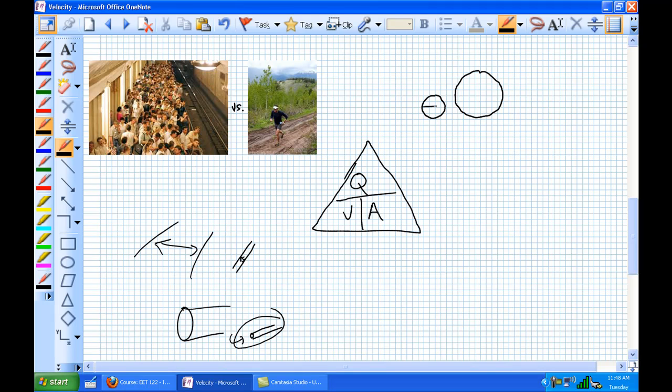This one has a 1-inch diameter. This one has a 1-inch radius, which we all know means it has a 2-inch diameter. Look at the relative sizes of these two circles.